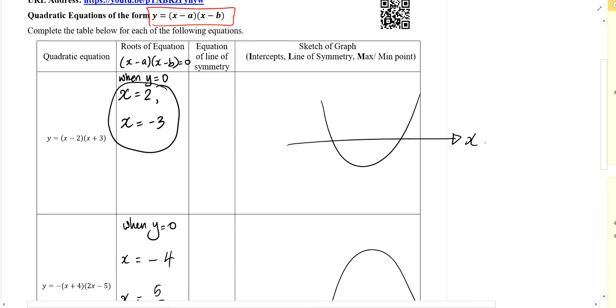X-axis. And what are these values? Negative 3 and 2. On the left hand side, is it 2 or negative 3? Negative 3 and 2. Can you do the same for the other 2 graphs?